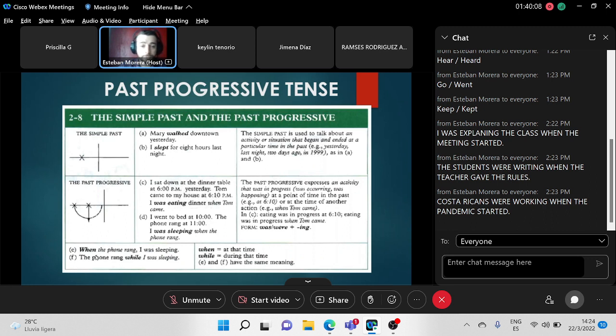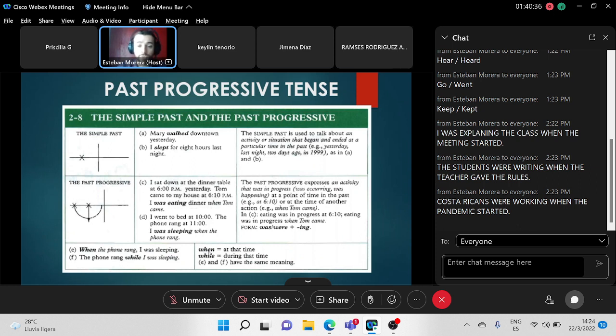It's important to say that there is a difference between when and while. Okay, when and while. We normally use when to express actions in the simple past tense, and we use while to talk about the action of the past progressive tense.